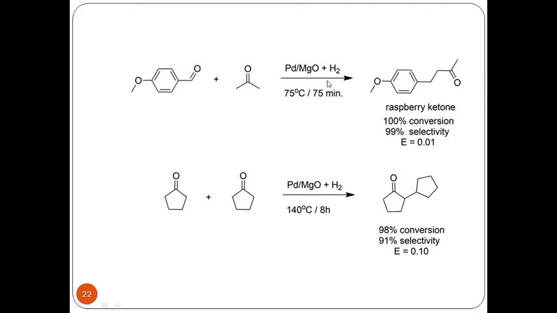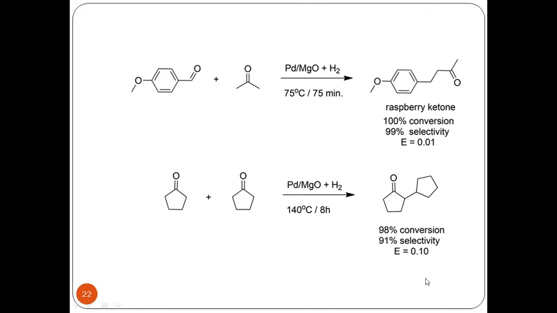In that way, when I use 2 moles of cyclopentanone with the same reagent, palladium and magnesium oxide plus hydrogen, at 140 degrees for 8 hours, I can observe again the formation of a carbanion at this position that attacks the carbonyl carbon, so that I get a dimer. 98% conversion is observed here, and 91% selectivity, and hence the waste might be 0.10.